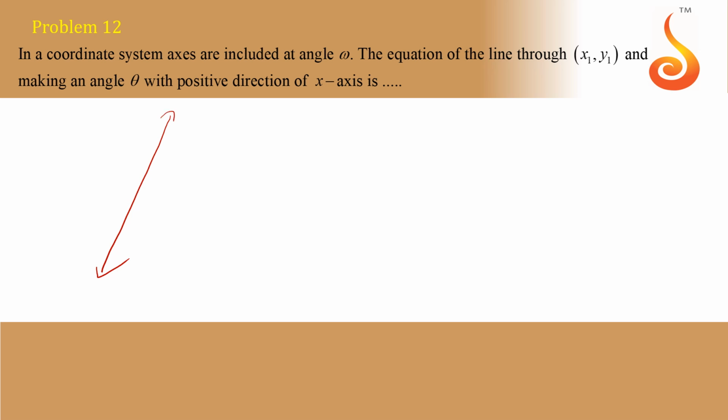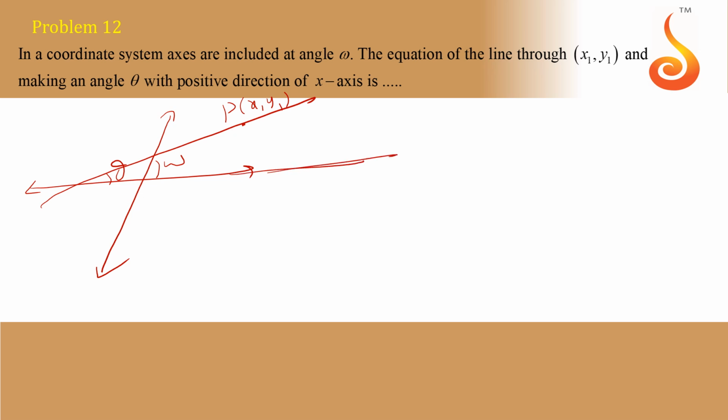So, x and y axis. Now, omega is the angle. There is a line passing through P(x1, y1), and it is making theta angle with the positive direction of x-axis. I want its equation. So, let us solve this.